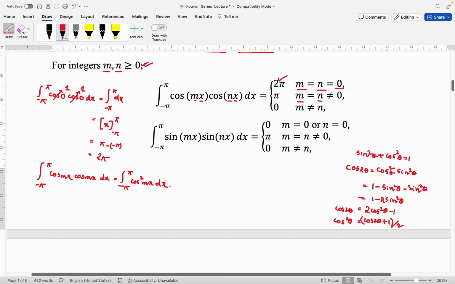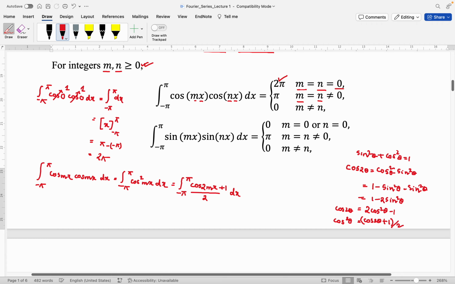You have to remember these results. So here, the integral from minus pi to plus pi of cos square mx, we can write as cos of 2 theta, where theta was mx in our case, so it's cos 2 mx plus 1, divided by 2, and then dx.